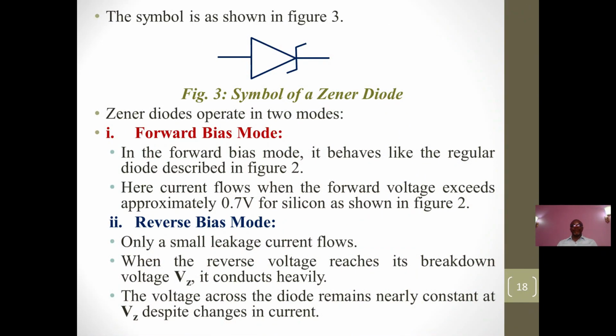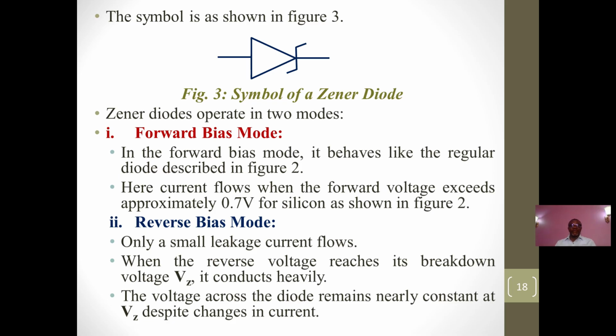The symbol of the Zener diode is shown. It is the same as the simple diode, but the bar after the arrow is bent, forward on one side and backward on the other.